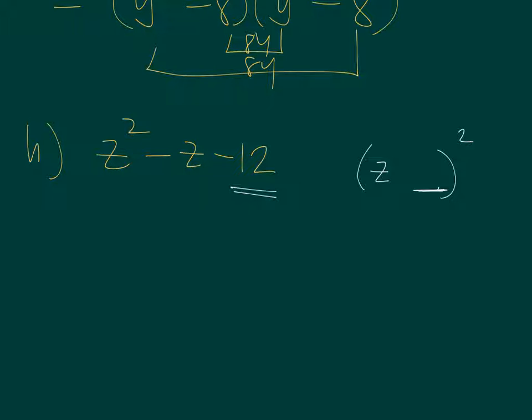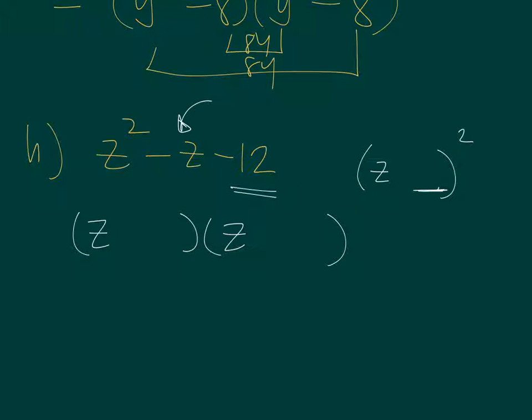Okay, so since the last term is not a perfect square number, then we could proceed with the traditional way of factoring the trinomial. We have to have the factors of z squared as z and z, and then we have to think of factors of 12, considering that the difference is negative z or negative 1.